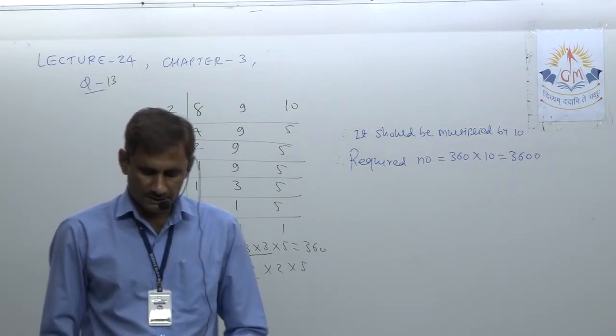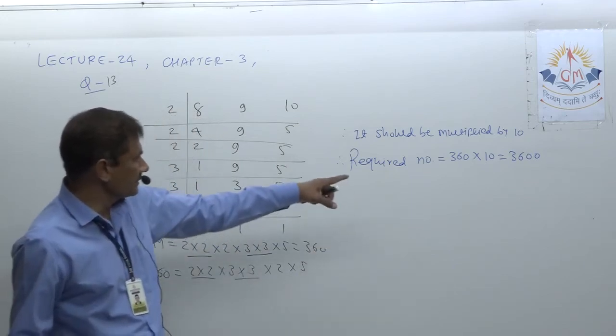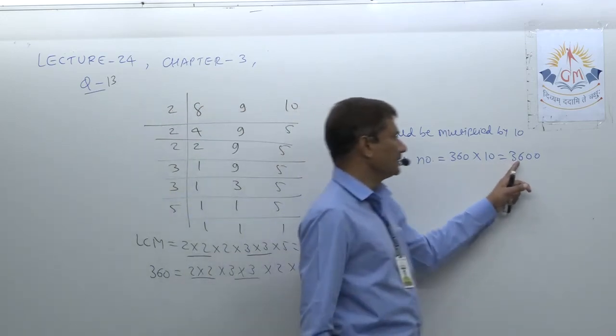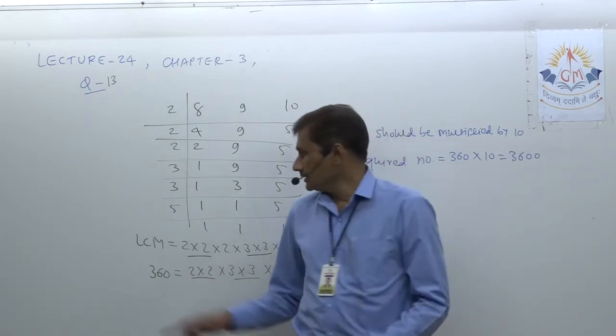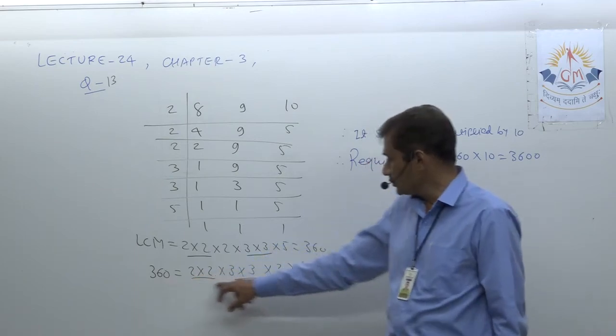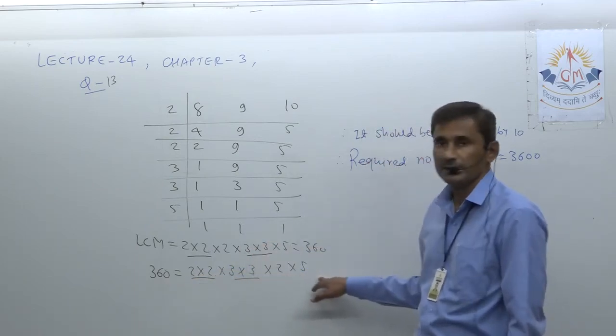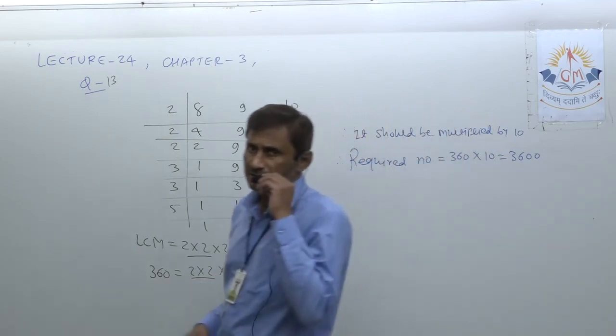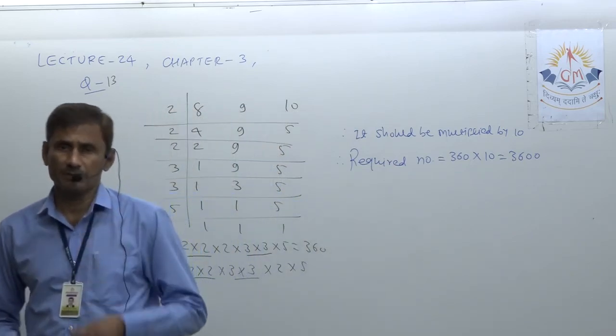So find the least square number which is exactly divisible by 8, 9 and 10: now it is the perfect square number. The earlier number is also divisible by 8, 9, 10, but it is not a perfect square number. So we go ahead that way: what is missing, by the same number we multiply it.